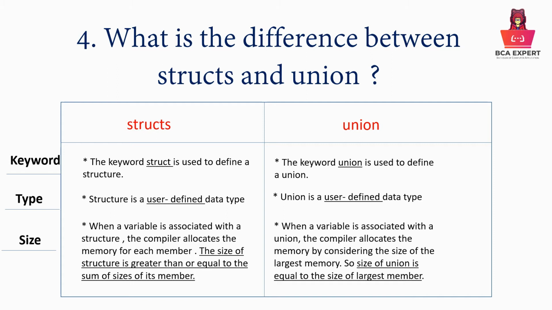When a variable is associated with a structure, the compiler allocates memory for each member, so the size of the structure is greater than or equal to the sum of the sizes of its members. When a variable is associated with a union, the compiler allocates memory by considering the size of the largest member, so the size of the union is equal to the size of its largest member.